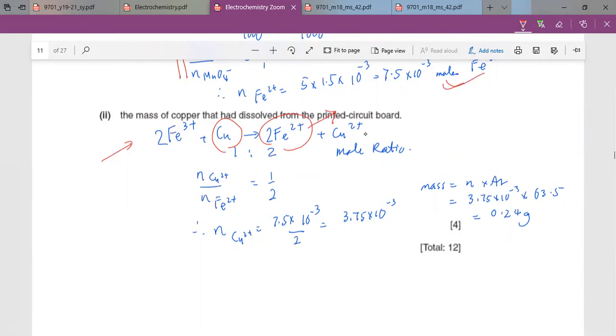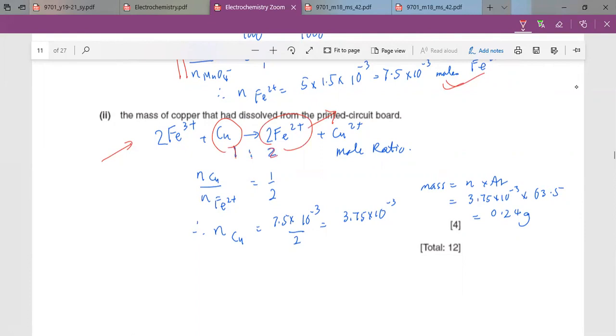So how much was the original copper? I say copper, not copper 2+. Okay, copper. So it's 1:2.